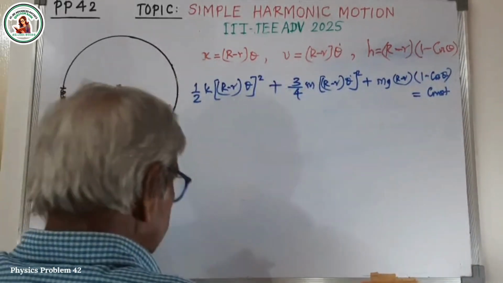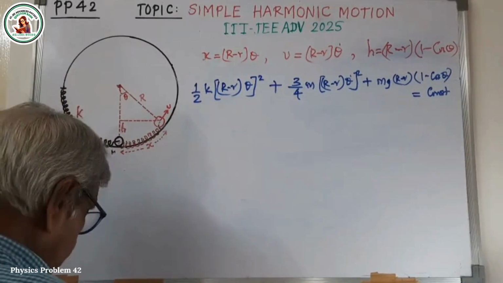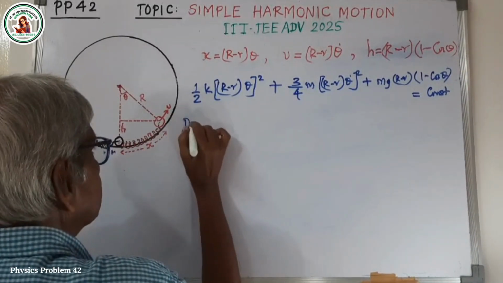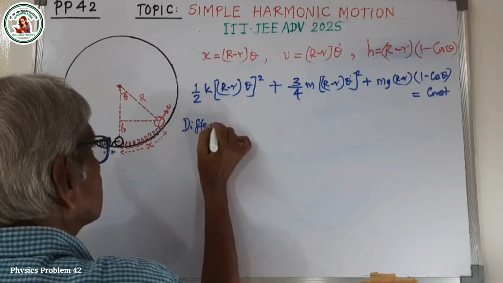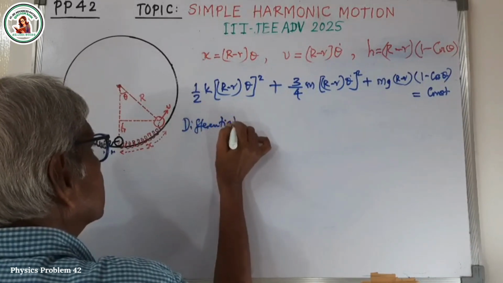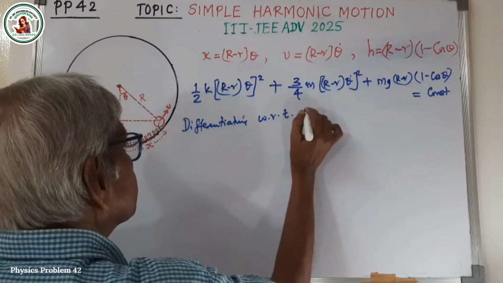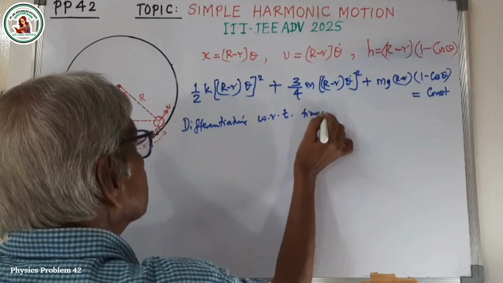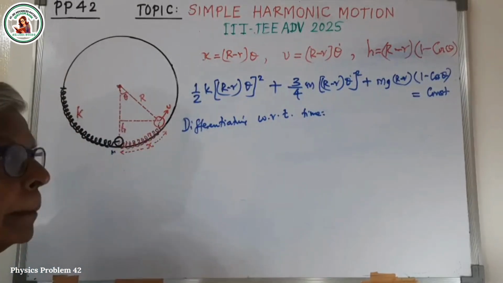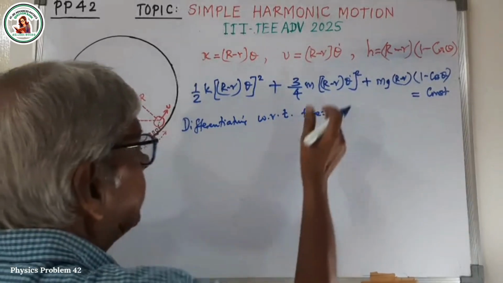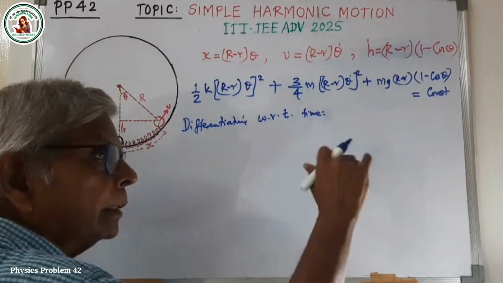Now differentiating with respect to time. Theta becomes theta dot, d theta by dt, and theta dot becomes theta double dot.